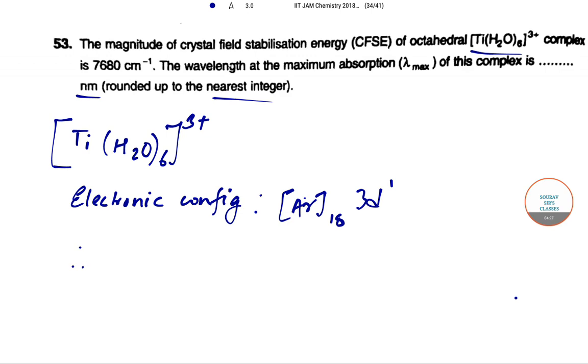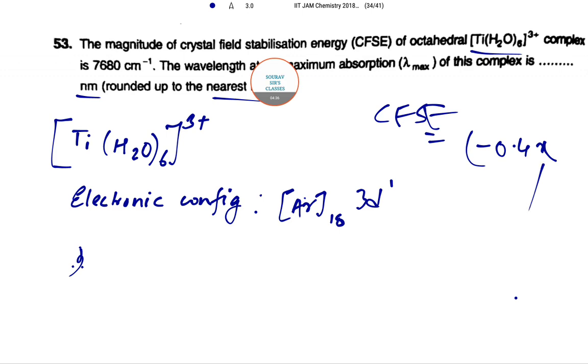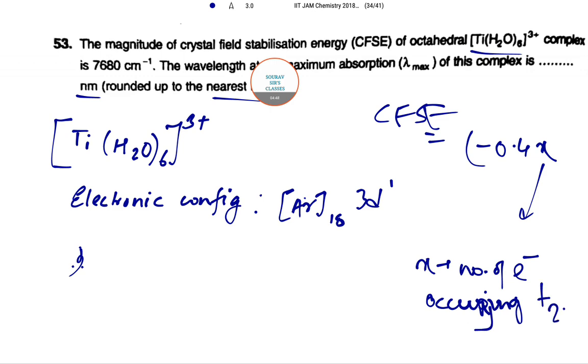Therefore CFSE we know is equal to -0.4 into x, where x represents the number of electrons occupying t2g orbital, plus 0.6 into y, del naught.